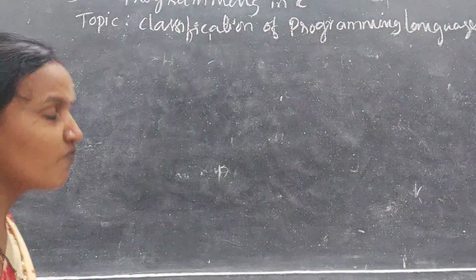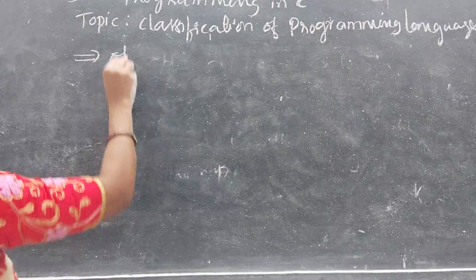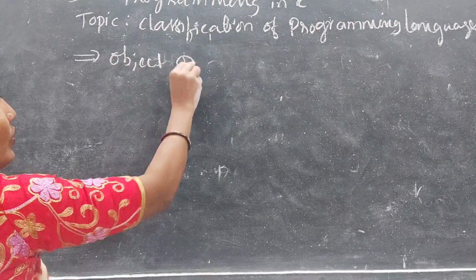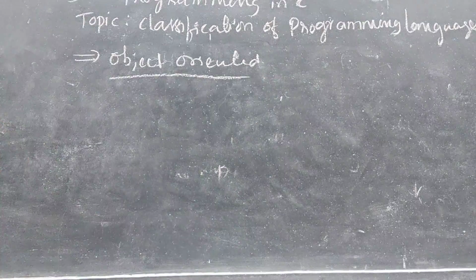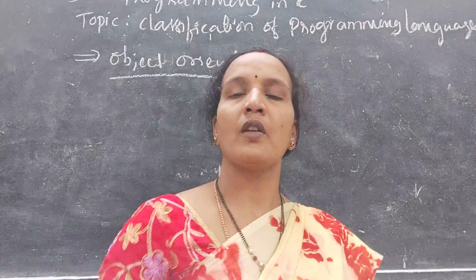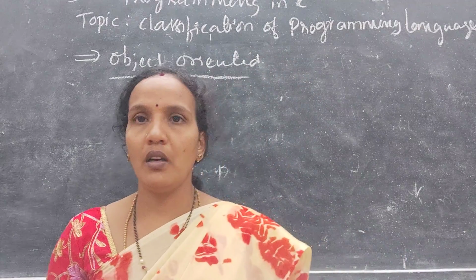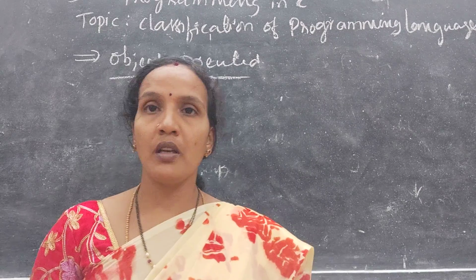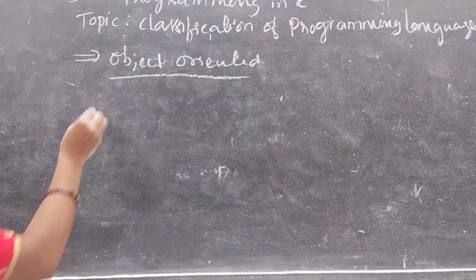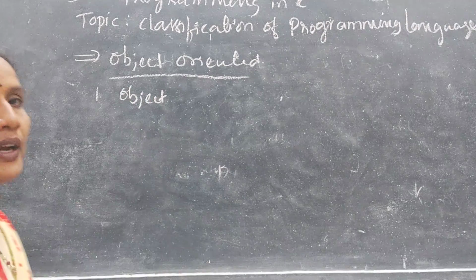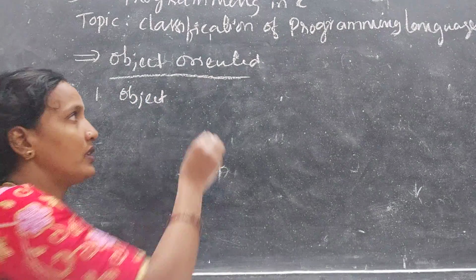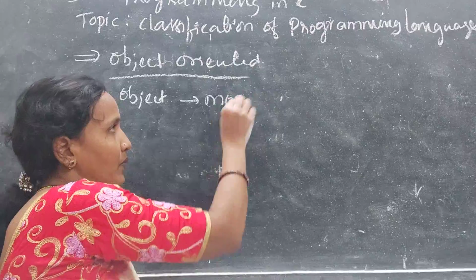Now, what is the next one? Object oriented. Here, instead of procedures or algorithms, in object oriented we use objects. And what are objects actually? These are modules.